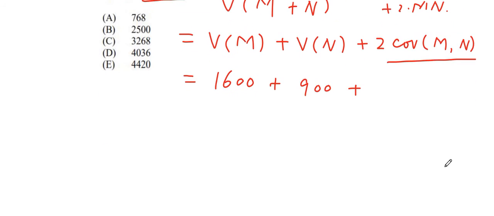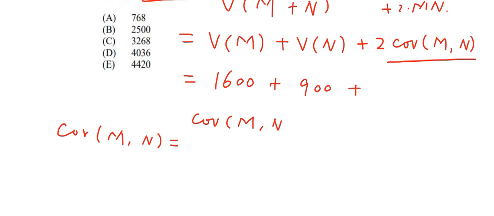According to the definition, the correlation of M and N equals the covariance of M and N over the square root of the variance of M times the variance of N.